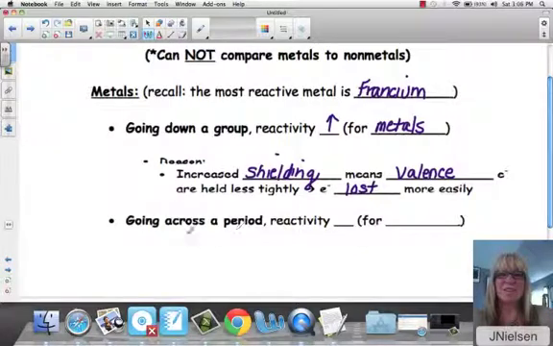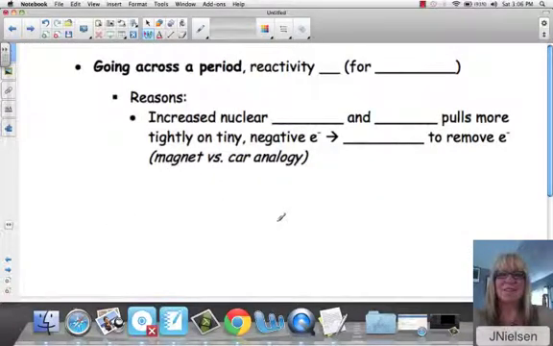Okay, going across a period, reactivity is going to decrease for metals. We are getting further from francium. And the reason is because there is increased nuclear charge.